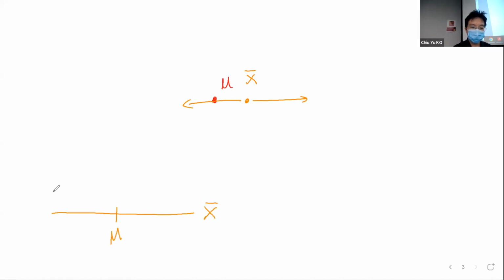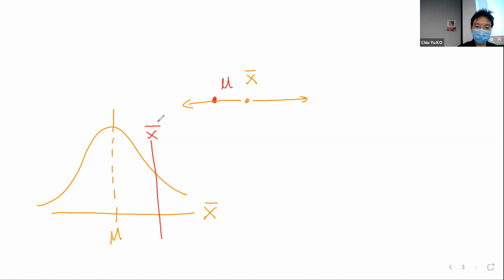Or putting it this way, we have a normal here. It's a bell curve. Suppose the sample mean is like here. This is a good point estimator. Interval means I go left by m and go right by m.